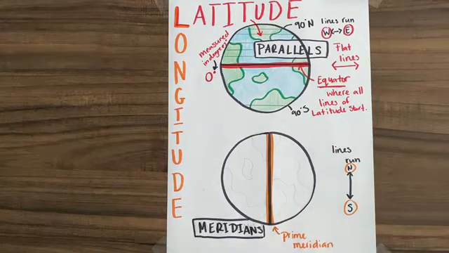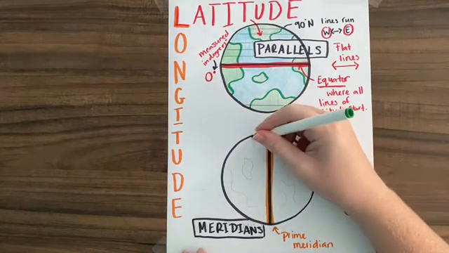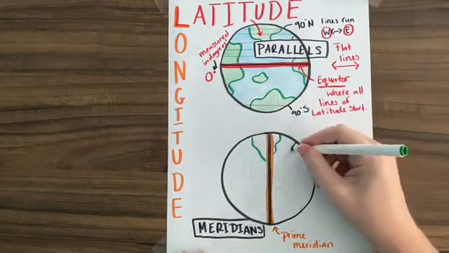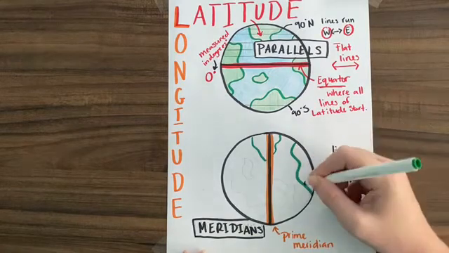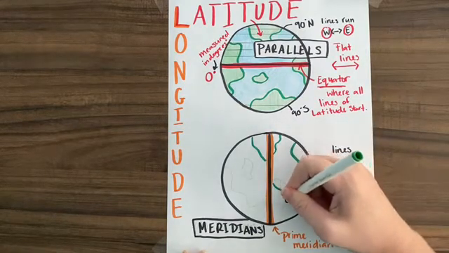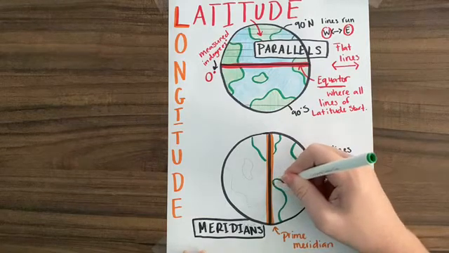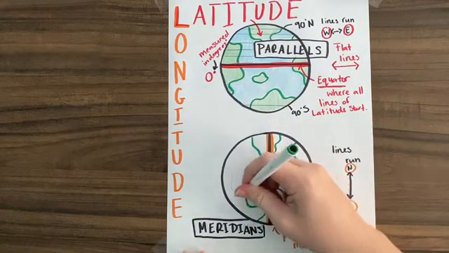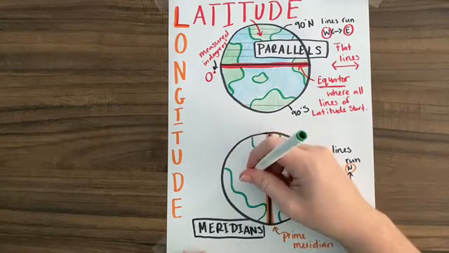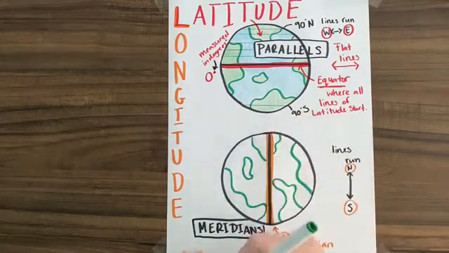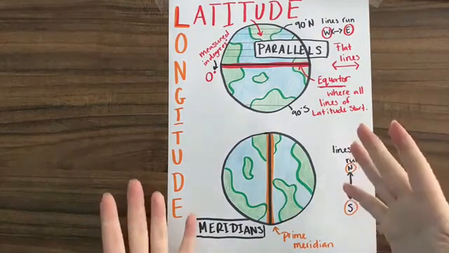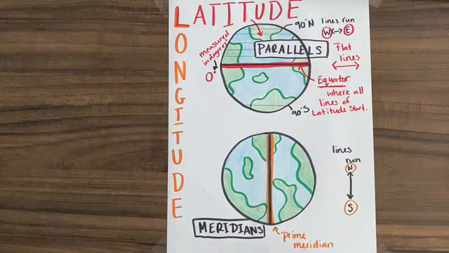To help you understand this a little bit better, I'm going to do exactly like I did last time and draw in some continents and some oceans and make this look a little bit more like Earth. Alright, so now that looks a little bit more like Earth, maybe we can understand a little bit better.